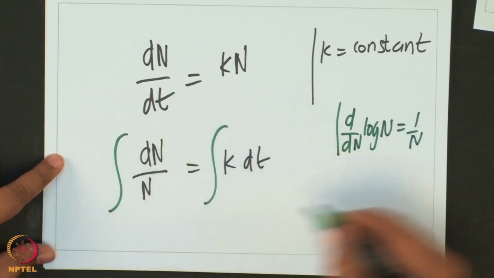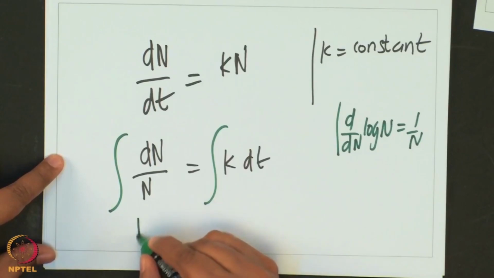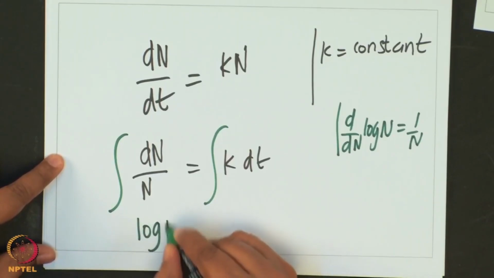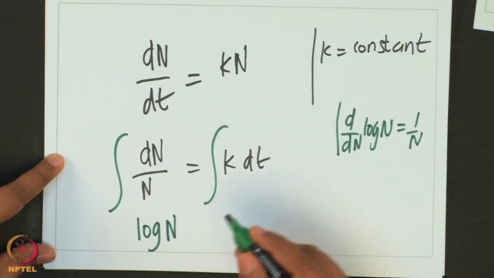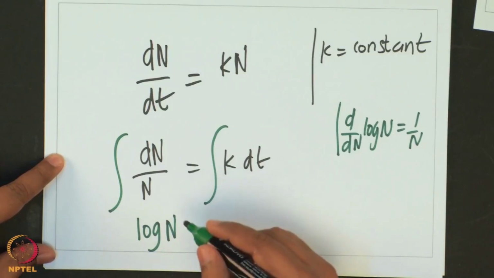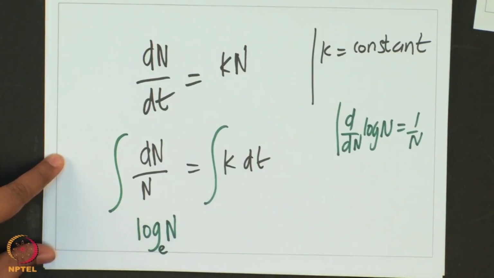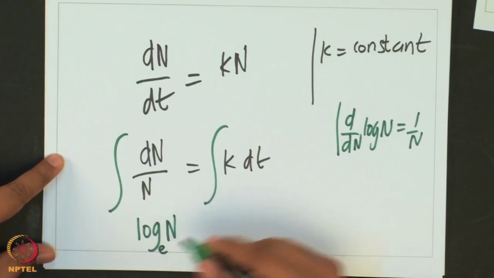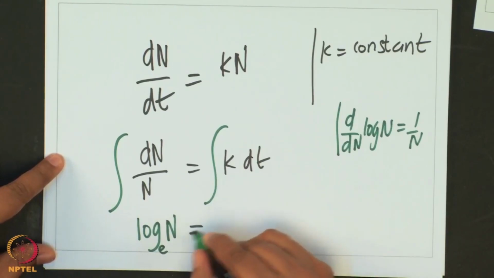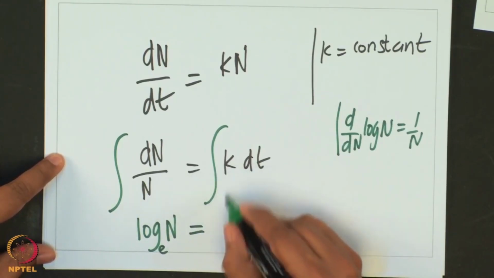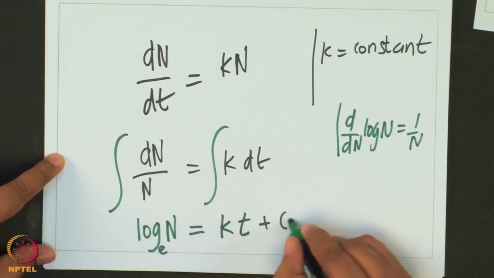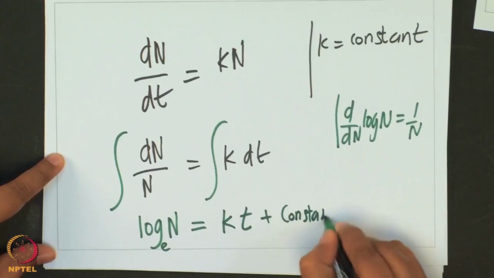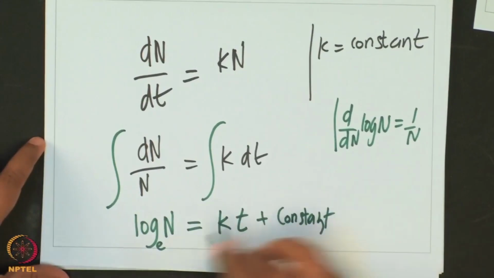So the integral of 1 over n will be log n, and this would be log to the base e. This is log n, log to the base e, which is equal to k, a constant, times the integral of dt, which is t, plus another constant. This is the answer that we would get if we integrate it.